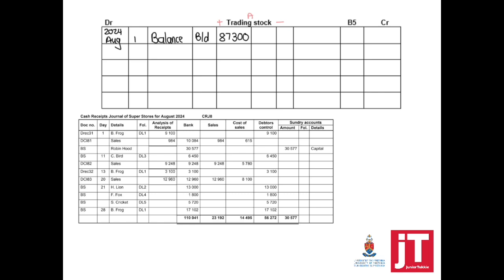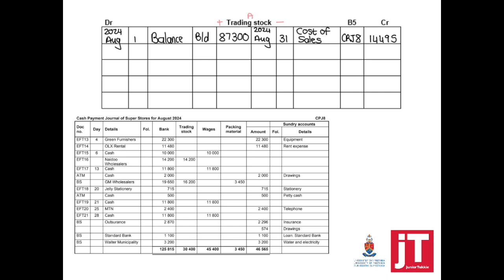So if you see the word cost of sales, you should know that my trading stock will decrease because of cost of sales, goods that were sold for cash. The total is taken at the end of the month. And what will happen to our trading stock? It will decrease.